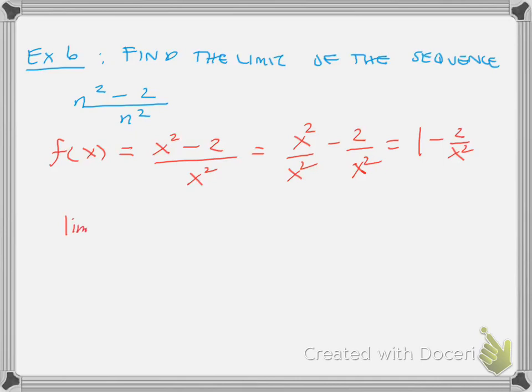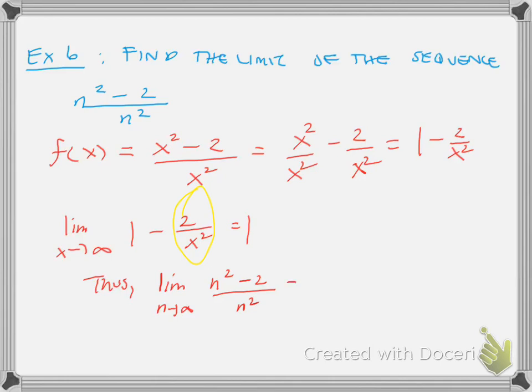So let's take the limit as x goes to infinity of 1 minus 2 over x squared. Well, this goes to 0, so that's just going to equal 1. Thus, since that limit exists, we can say the limit as n goes to infinity of n squared minus 2 over n squared equals 1. So our sequence converges.